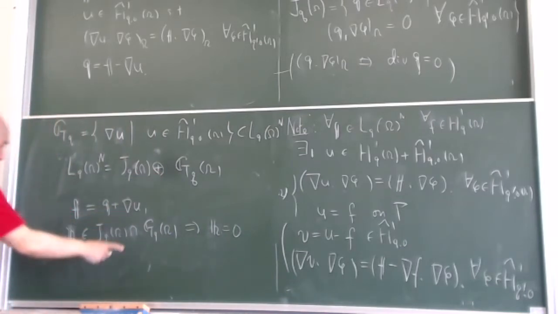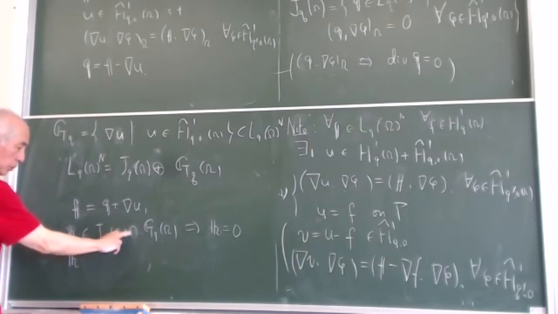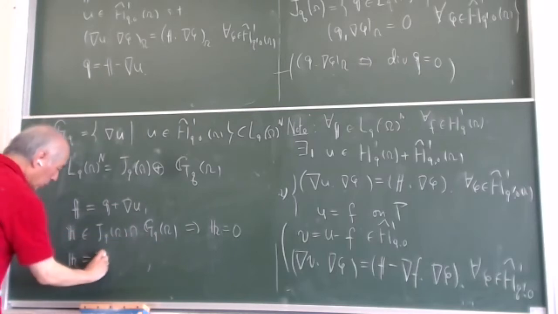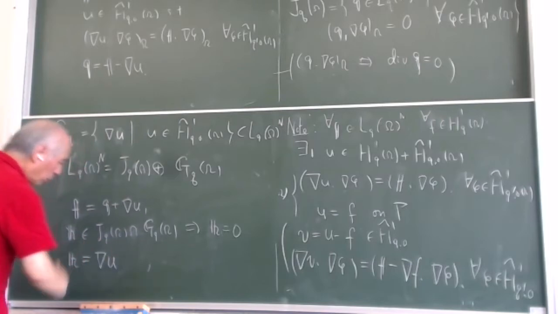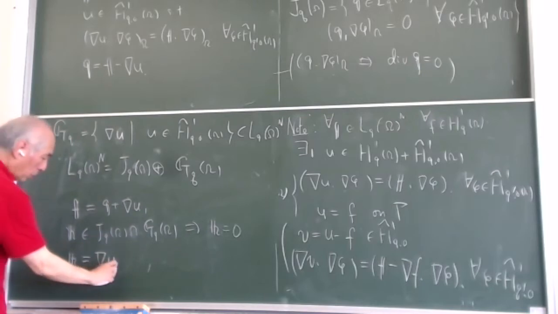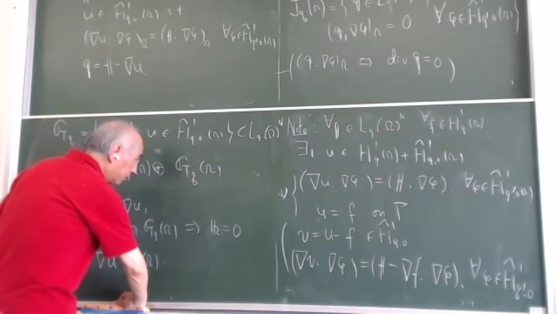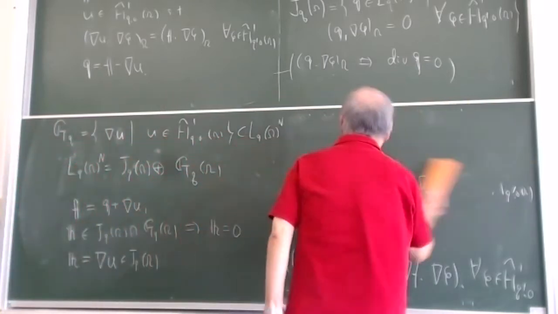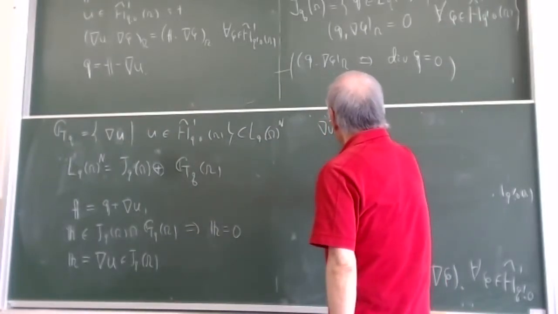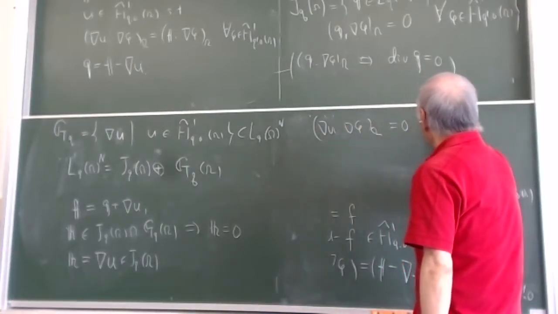But how to prove it? It's easy, because H belongs to the intersection of these two spaces. Therefore, H belongs to this one, so H can be written in this way. And also, being in J_q(Omega) means that the integral of gradient U times gradient phi over Omega is equal to 0.